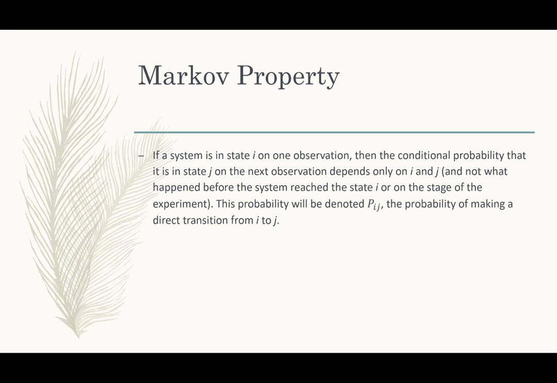Markov property. This is where the matrices are beginning to come into play. If a system is in state I, you can think of this as being, let's say, employed, on one observation, then the conditional probability that it is in state J, which can be unemployed, on the next observation depends only on I and J and not on what happened before the system reached that state. So whether she is employed and going into unemployed, that has nothing to do with what her work was last week.